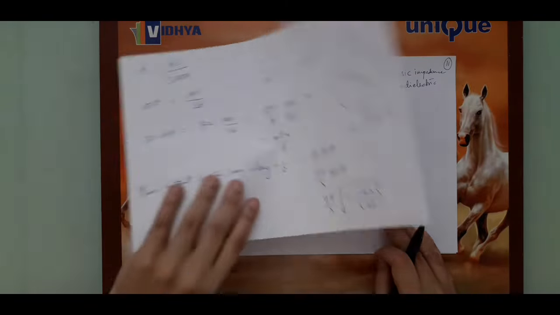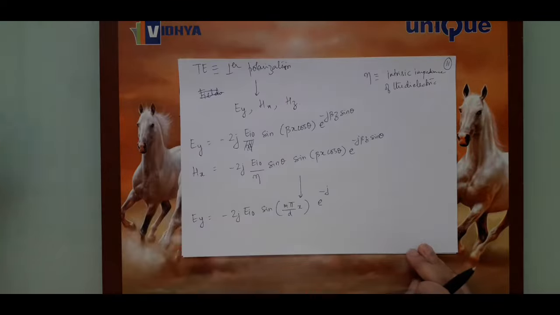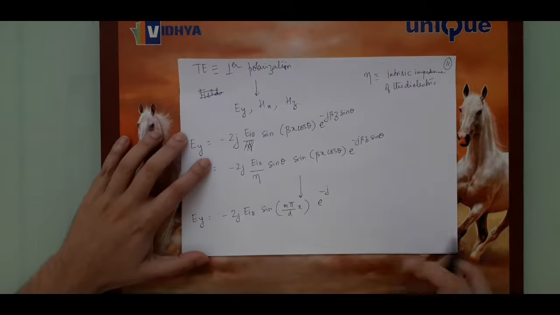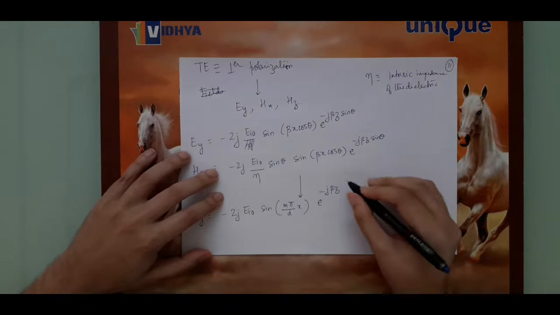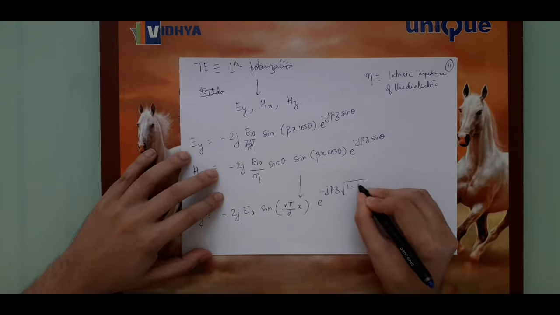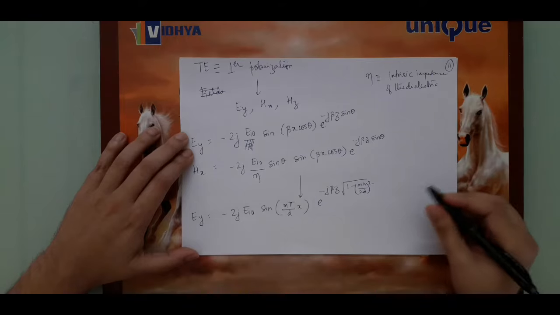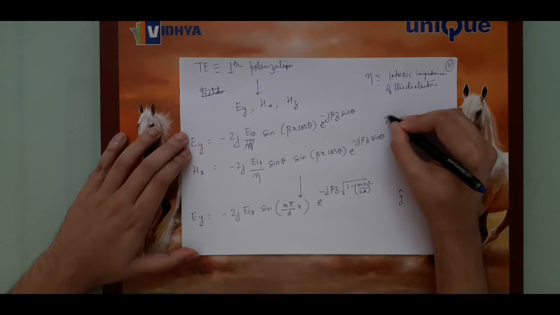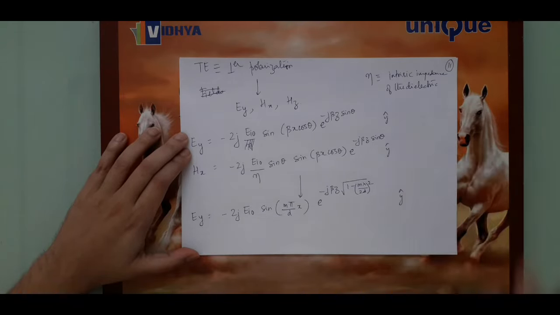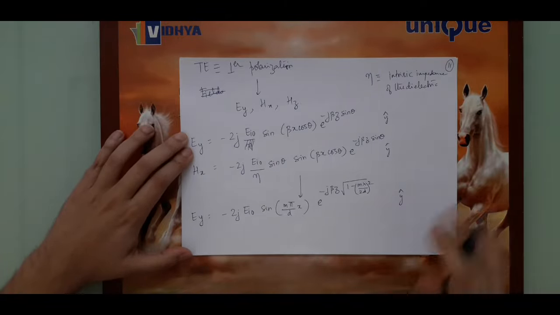Now beta sine theta, we had already derived this as the phase constant. So this is minus j beta z, times square root of 1 minus m lambda by 2d the whole square. This is the electric field on the y component. So you can also put the y vector, but suppose you don't put that, then this is the way. You can write even without y in that case.